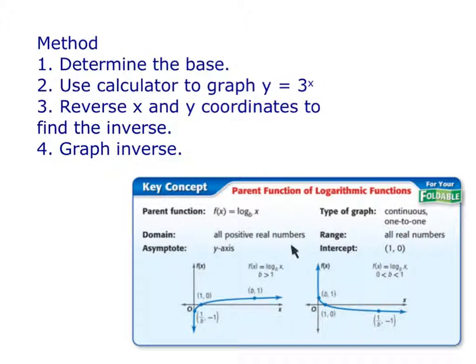Its domain is all positive reals, so x is greater than 0, and its range is all real numbers. Its asymptote is the y-axis, and it does have an intercept. It's at 1, 0. And you can kind of see what they look like depending on what the base is. Like if it's growth or decay, this is a growth, this is a decay.